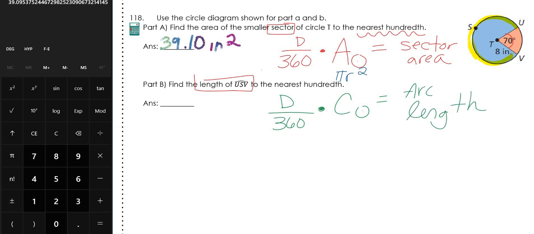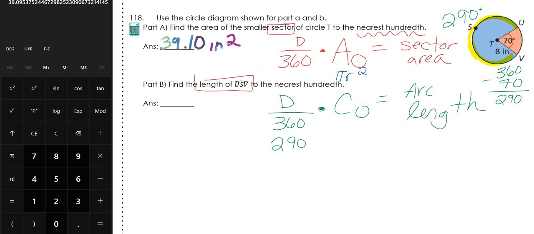So let's start by thinking about, well, what's our degree measure? When I'm looking at arc USV, I'm not going to use the 70. I have to use the rest of the circle. So I first need to figure out what is that measure? So 360 minus 70 gives me 290 degrees for the rest of the arc USV.